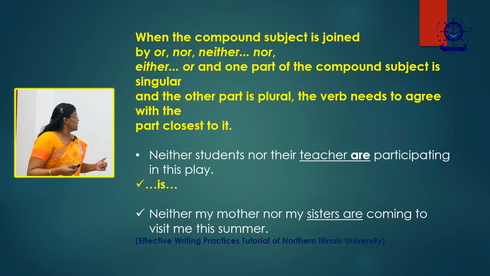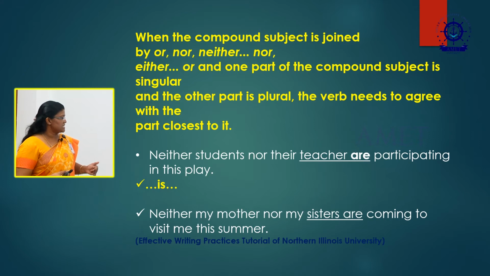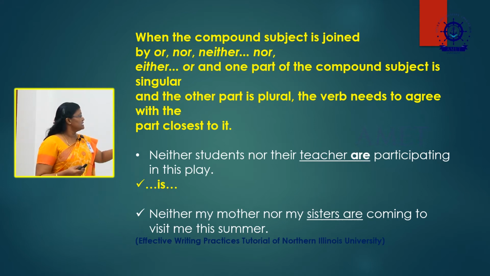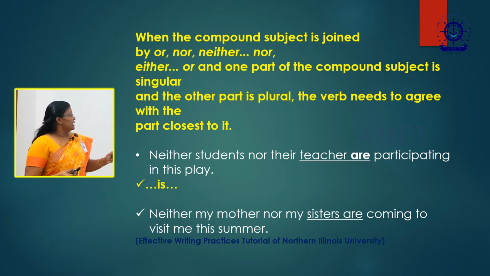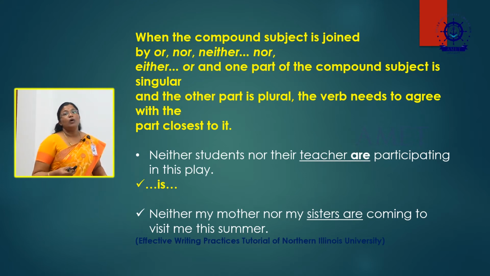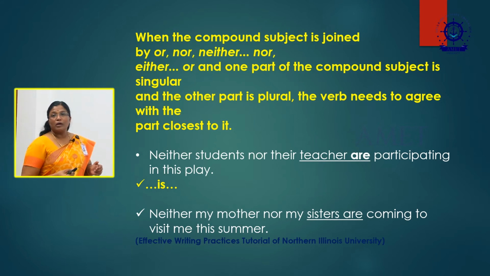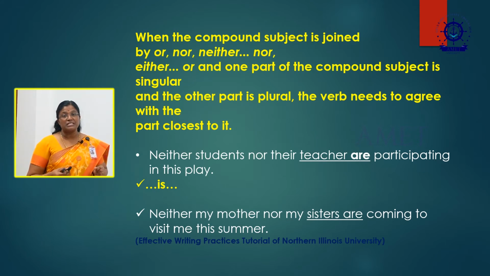Next sentence: neither my mother nor my sisters are coming to visit me this summer. Here the closest subject is sisters, which takes the plural verb are. So, when neither nor, either or, nor conjunctions are used, the verb should agree with the closest subject.